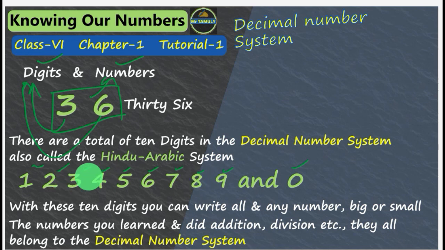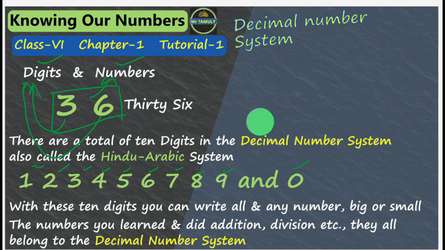Like in the English alphabet we have got 26 letters, and with those letters we can write all the words. So in mathematics with these 10 digits we can write all the numbers. The decimal number system is also called the Indo-Arabic system. There is a history behind this. In a subsequent tutorial we shall briefly learn about this history.